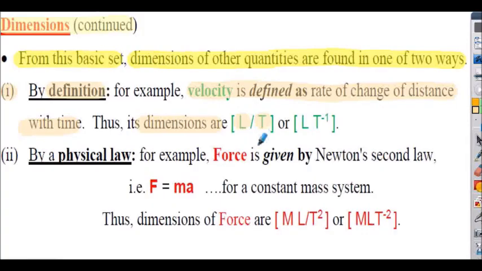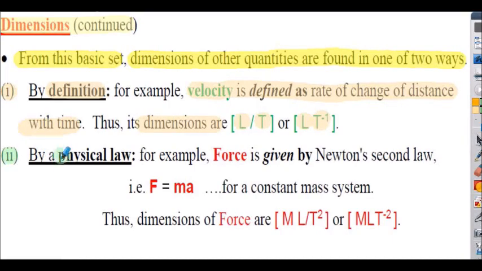So L divided by t would be the dimension of velocity. We often write that in terms of the negative indice, so L divided by t could be written as L multiplied by t to the negative 1. Again, notice the use of square brackets to define the dimensions.